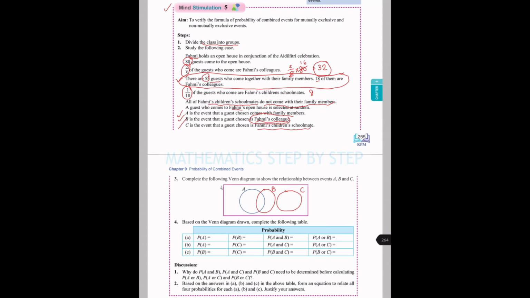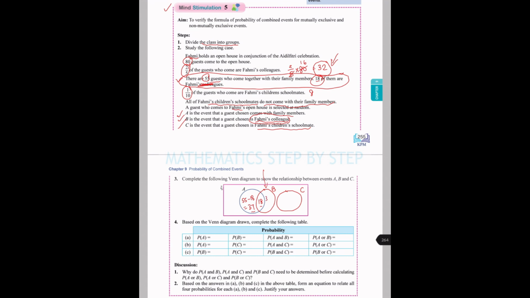Okay, so we know that there are 18 out of 55 of them who come with their family who are Fahmi's colleagues. So we know here is 18. Then here is 55 minus 18, which is 37. Okay, so that 37 plus 18 gives us 55. Okay, so for event B, we know total there are 32 of them.